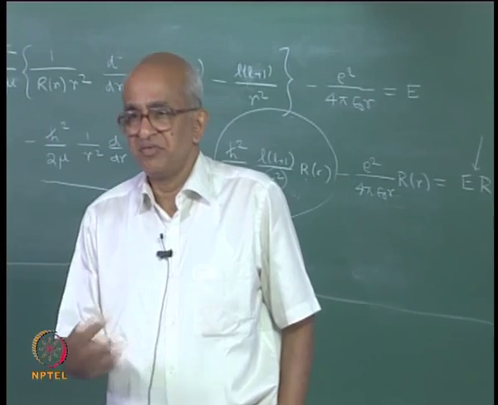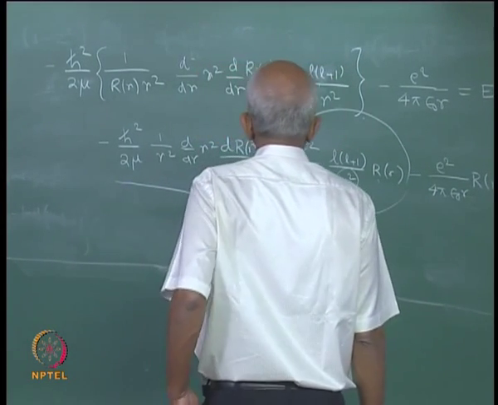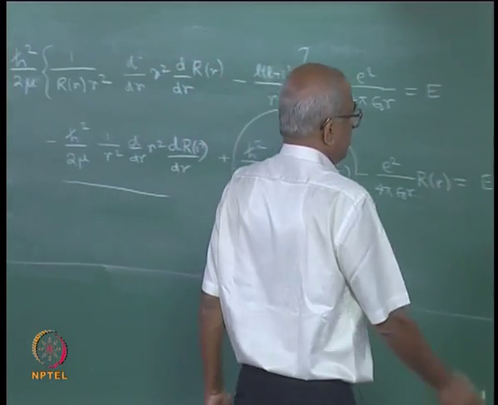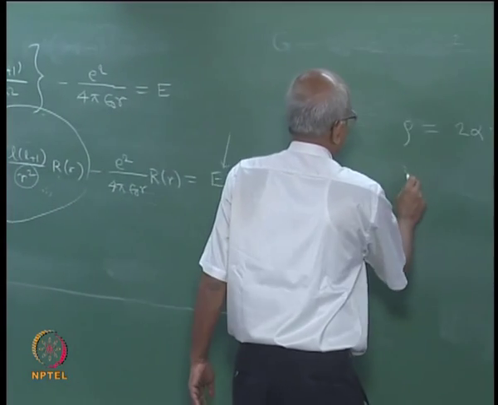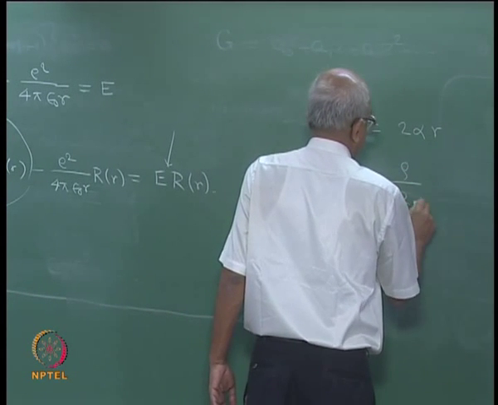Alpha is yet to be defined. So, therefore, you can say r is equal to rho divided by 2 alpha.